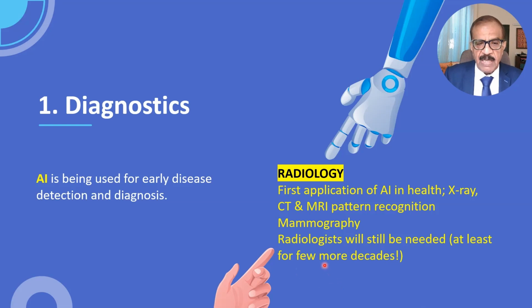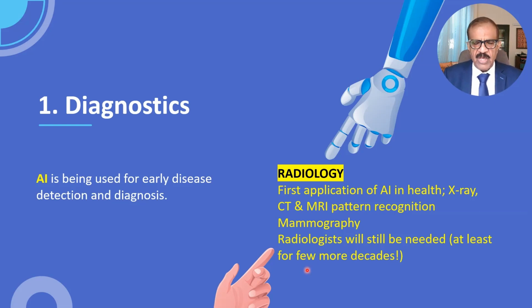There is a possibility that this part of diagnostics is almost completely taken over by machine, because radiology mostly consists of data, and machine is very good at handling large amounts of data. At the moment, it can actually help the radiologist. For example, there are 100 different reports which the radiologist has to go through.